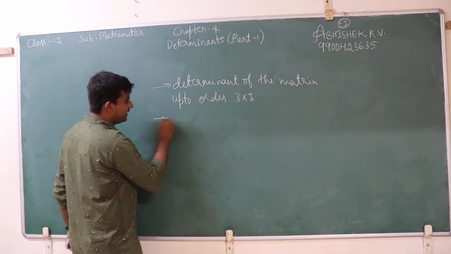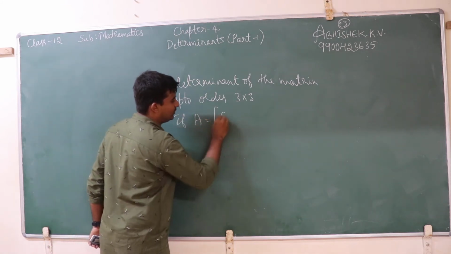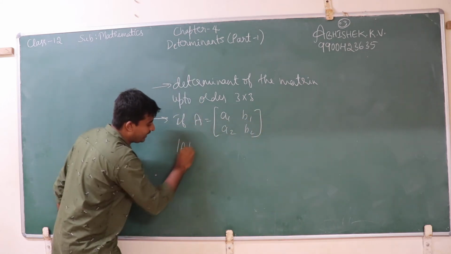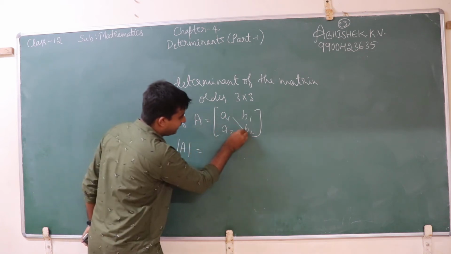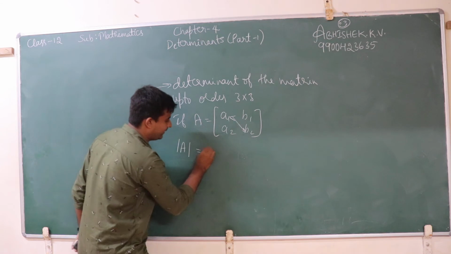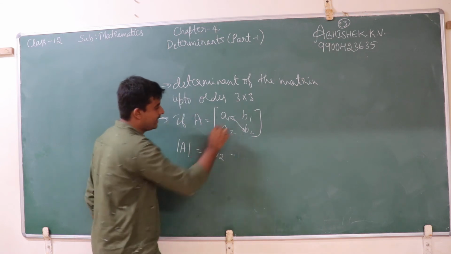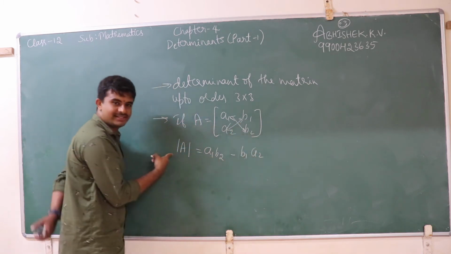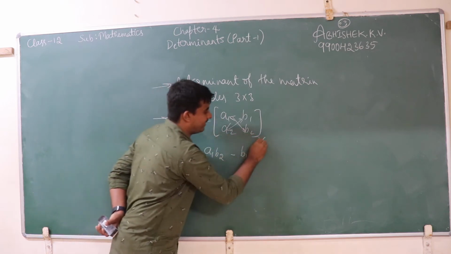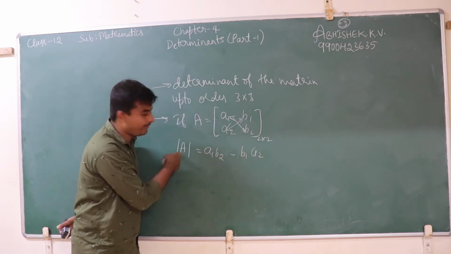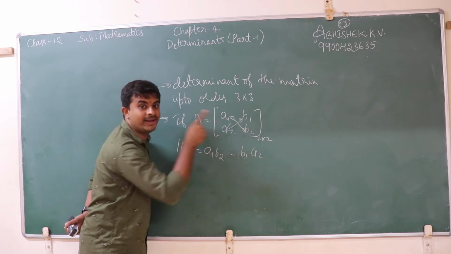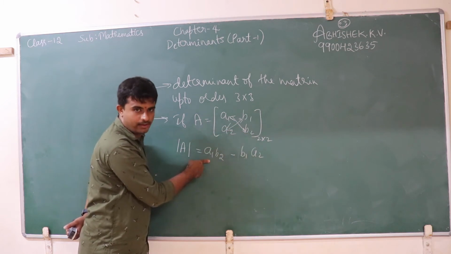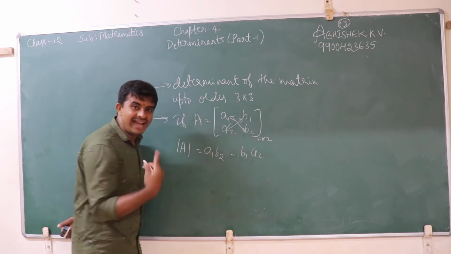And you should note that if matrix A is equal to a1, b1, a2, b2, then the determinant of A is determined by taking the product of the diagonal elements, that is a1 b2, minus the product of the anti-diagonal elements, that is b1 a2.